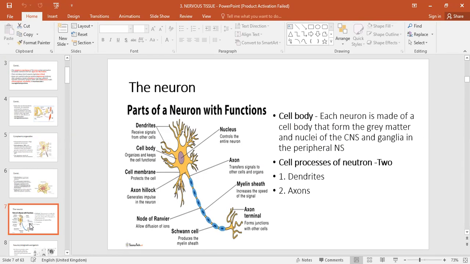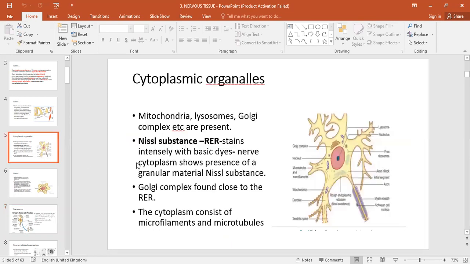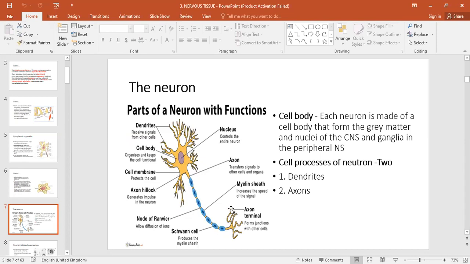And therefore, the chemicals that were produced by the Nissl substance or rough endoplasmic reticulum, which we call neurotransmitters, are stored in the axon terminals. They are stored here.